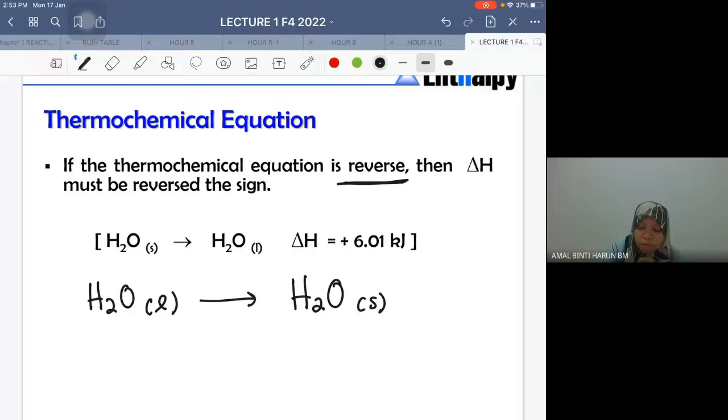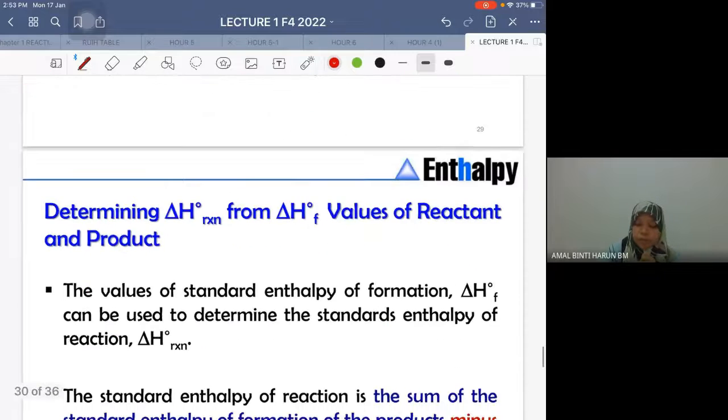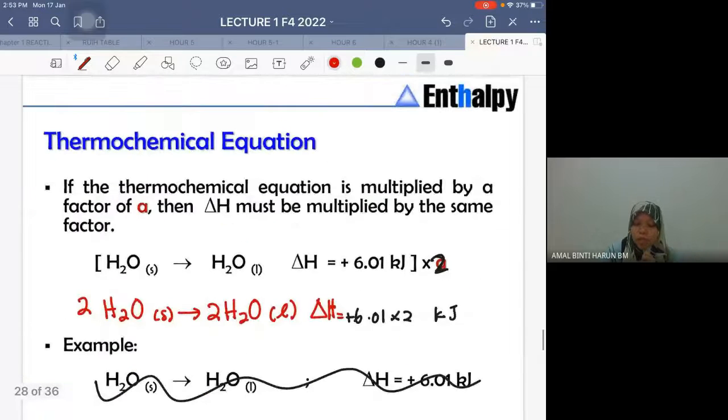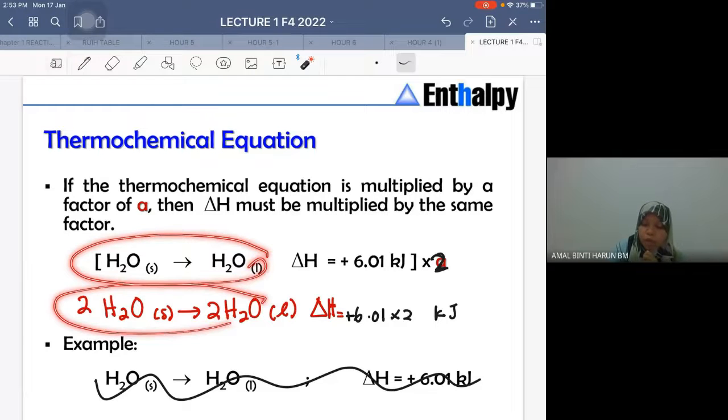So if you reverse, this is equation 1, this is equation 2. So from 1 to 2, what do we do? We reverse. So the magnitude remains 6.01 kilojoule, but the sign we reverse to negative. Can? So if the whole equation is multiplied by 2, the enthalpy is also multiplied by 2.